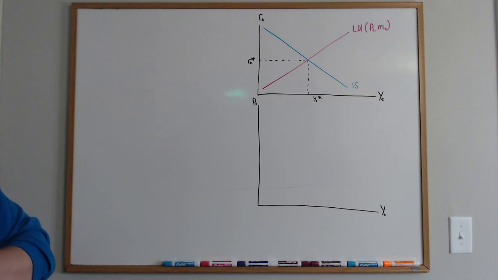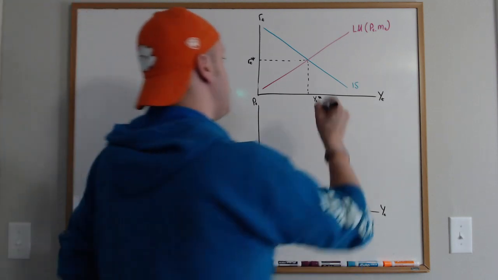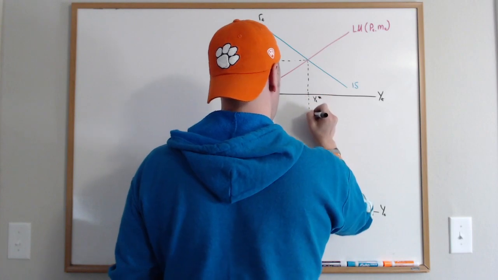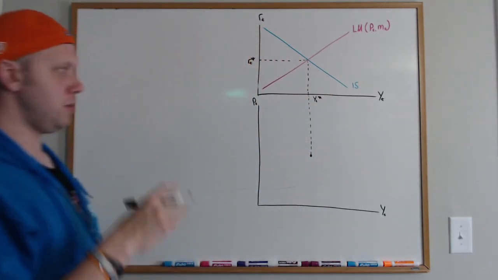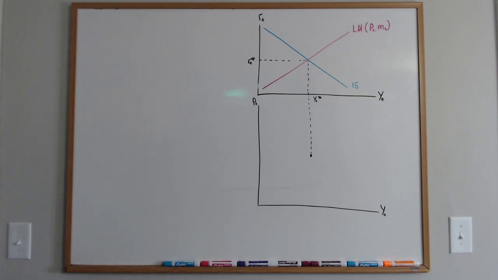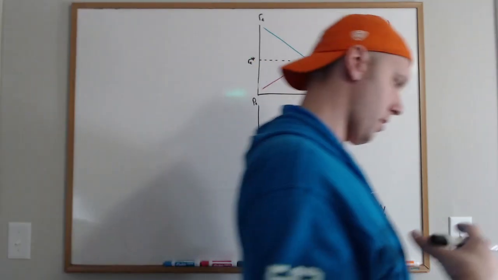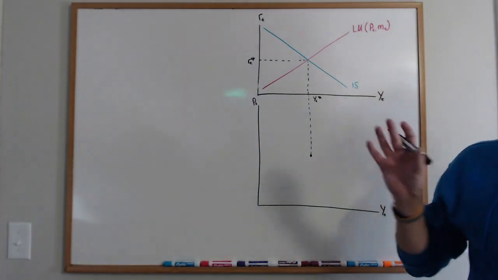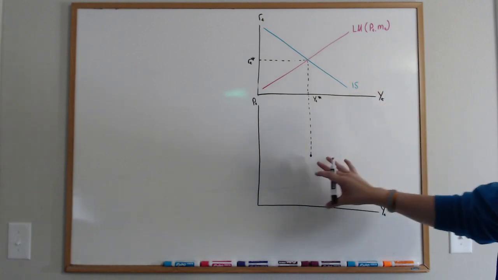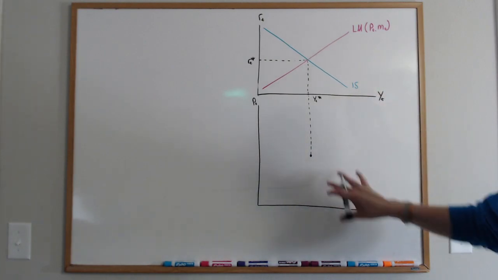Now, let's trace this guy all the way down. We're going to trace it to, I don't know, here. That looks like a good place to stop. Now, we could either shift the IS curve or the LM curve. It doesn't particularly matter because no matter which one we move around, we'll be able to trace out aggregate demand.